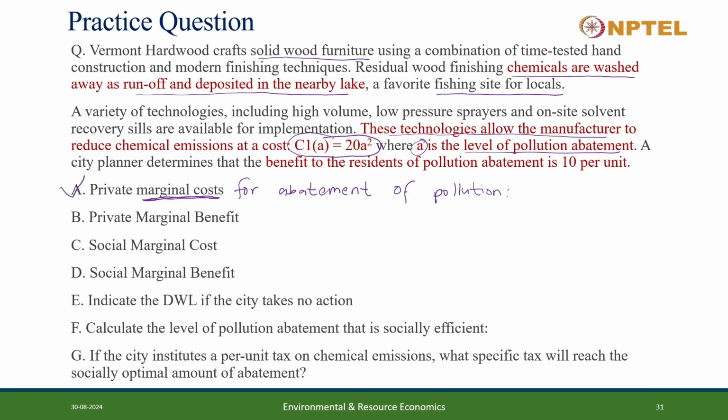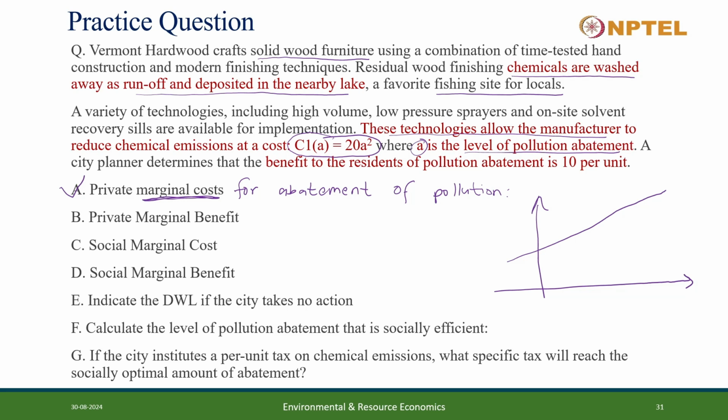What will be the equation for the marginal abatement cost curve, the private marginal cost curve? How does the marginal cost curve look like? Increasing or decreasing? Increasing, right? Upward sloping. So anyway, it has to look like this, right?